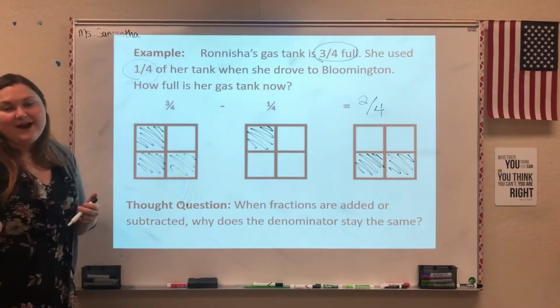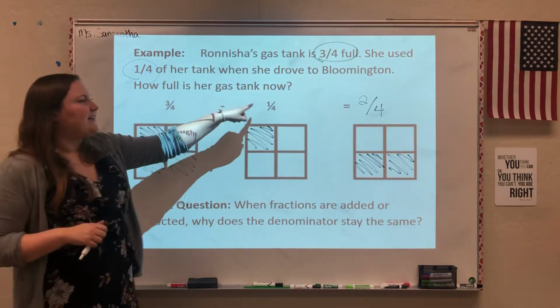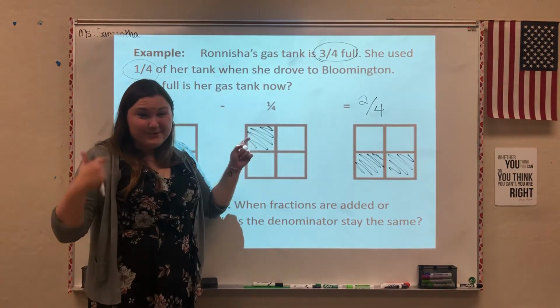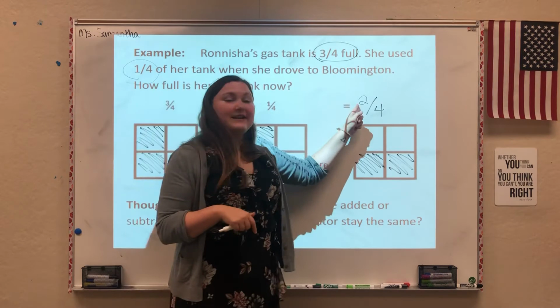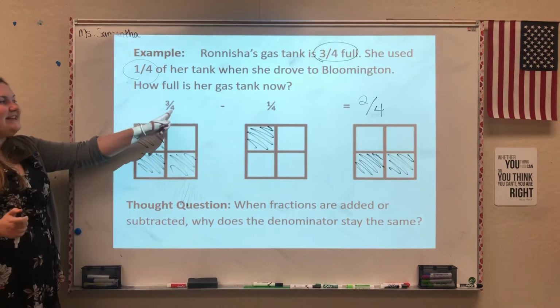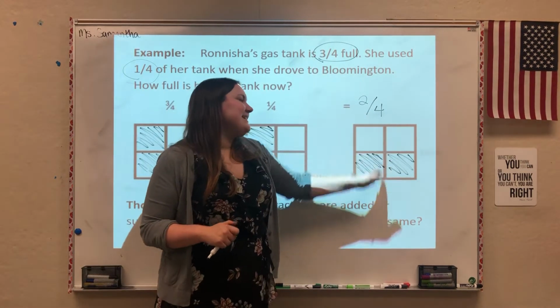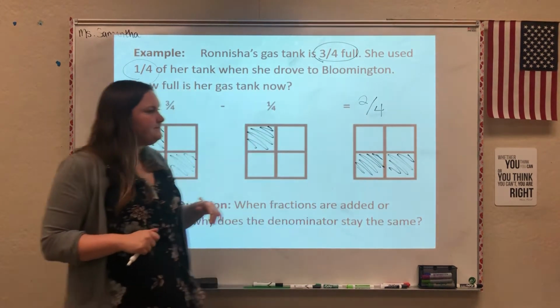Similar to adding fractions, when you subtract fractions, notice we are subtracting those numerators. I am doing 3 minus 1 and getting 2. But just like last time with adding fractions, that denominator, 4, is staying the same. That gas tank is still divided into 4ths.